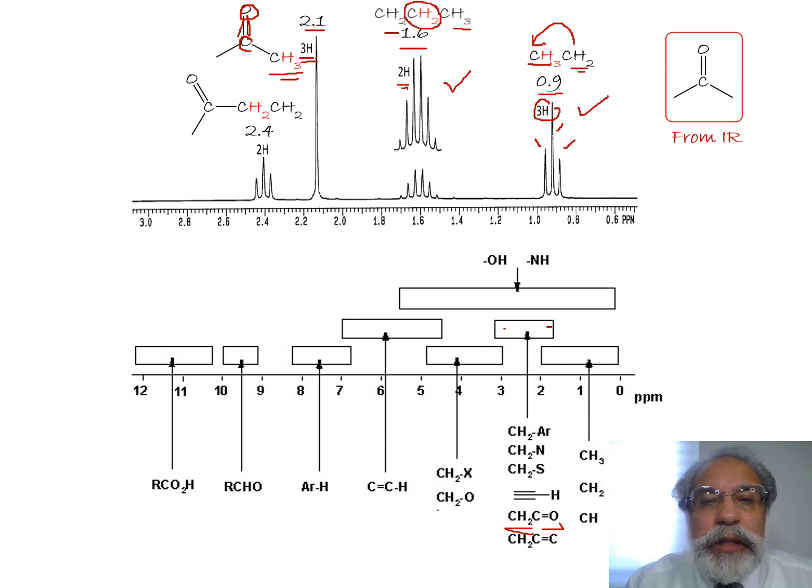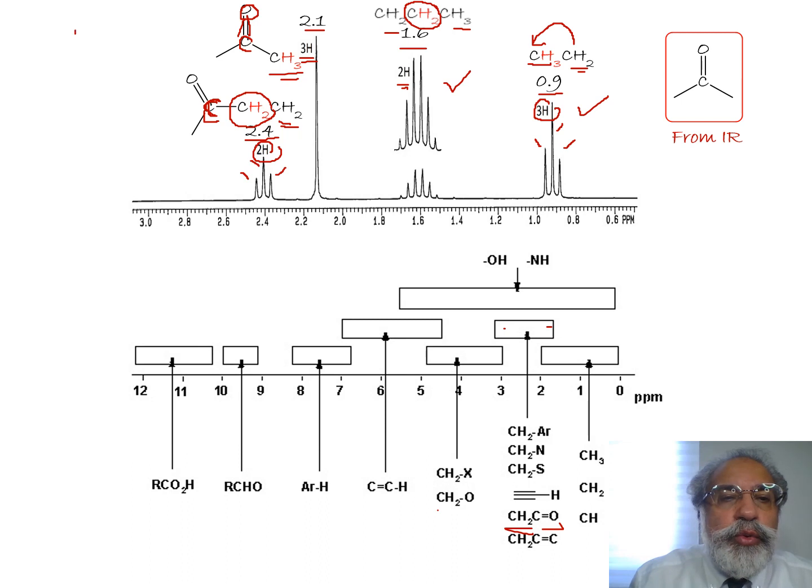Okay, and the last peak is at 2.4 for 2 protons, and these 2 protons show up as a triplet, meaning that you have CH2 adjacent to CH2, and on the other side spin inactive nuclei.